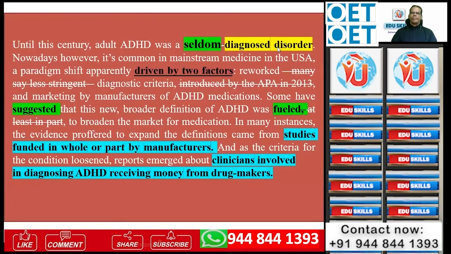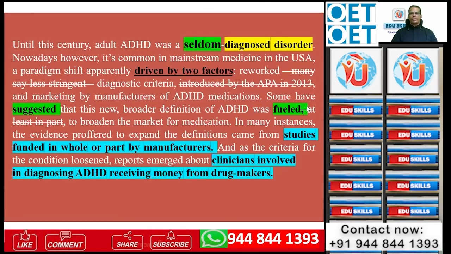See, until this century, adult ADHD was a seldom diagnosed disorder. Nowadays, however, now there's a contrast coming. Nowadays, however, it's common in mainstream medicine in the USA, a paradigm shift apparently driven by two factors.